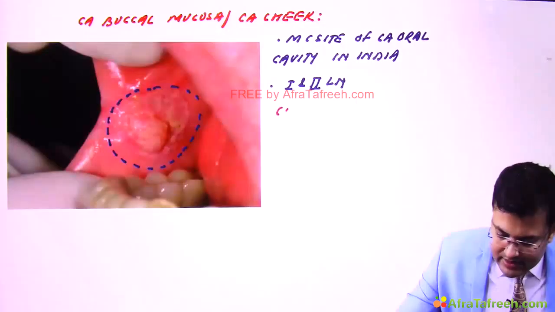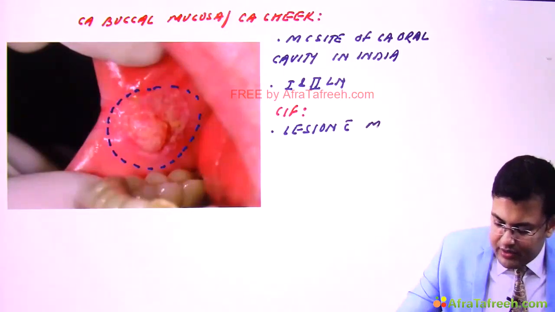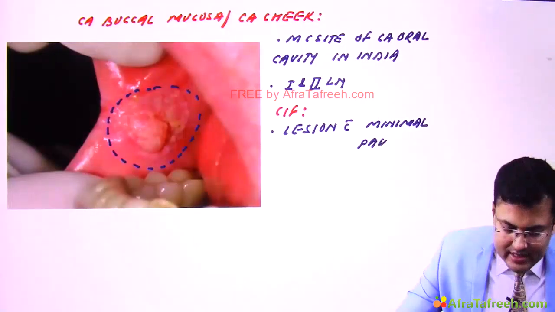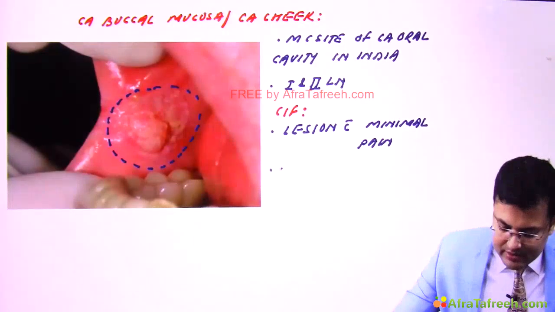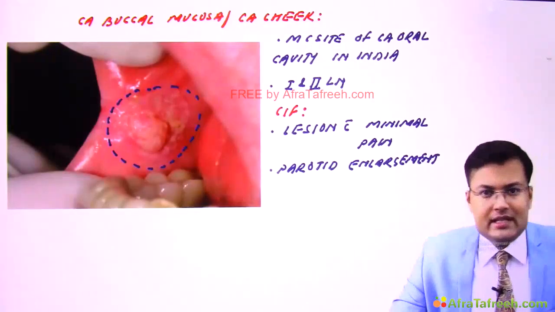What's the clinical presentation? There is lesion with minimal pain. So lesion with minimal pain, and it can lead to parotid enlargement. So patient might give you history of parotid enlargement. In which patients parotid enlargement can be seen? When there is obstruction of Stenson's duct.